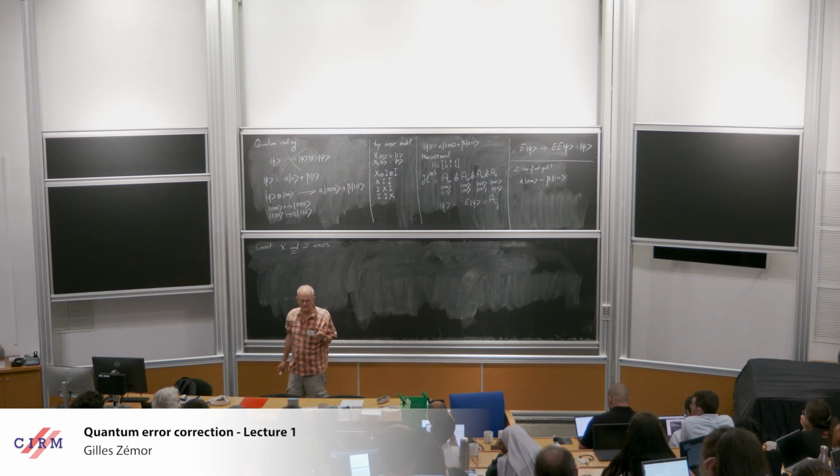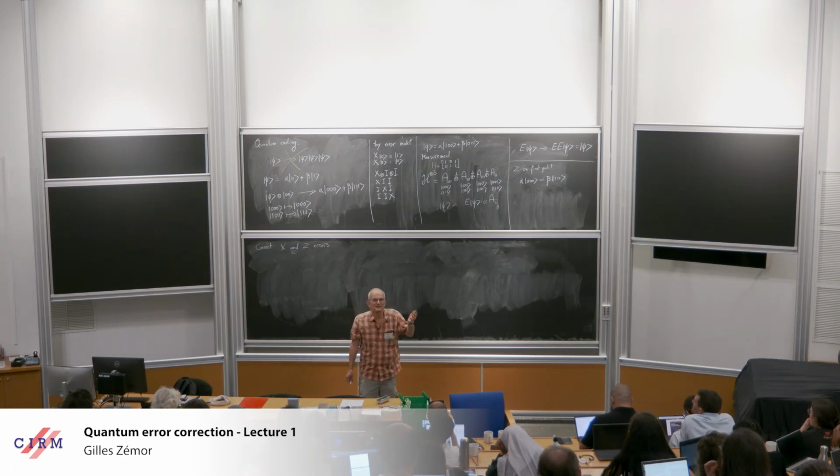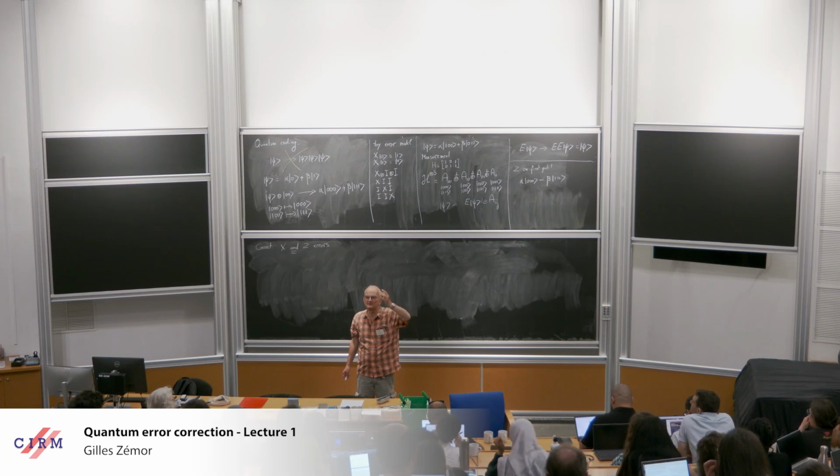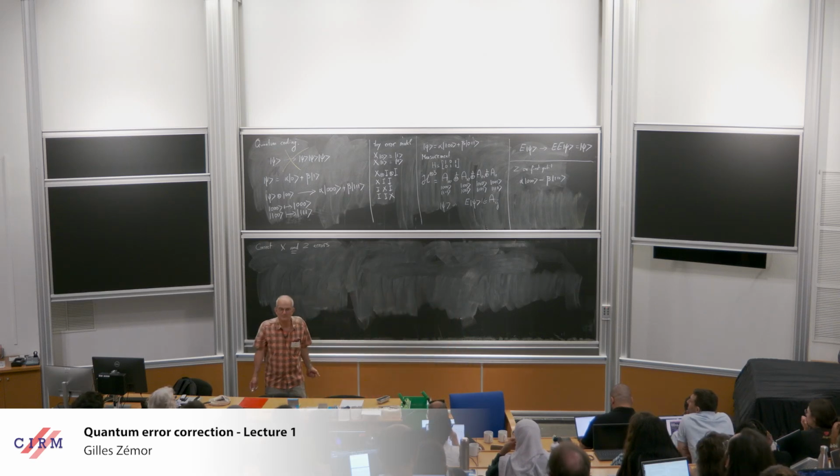Here you might protest and say, okay, suppose we managed to do this. Why would it be enough? Why should we expect that errors will be of the type an X error on the first or the second or the ith qubit, or a Z error on the first, second? The real world is likely to be much more messy than this.